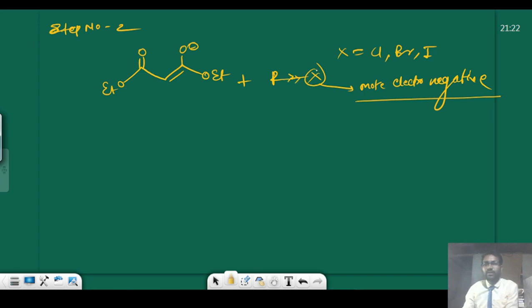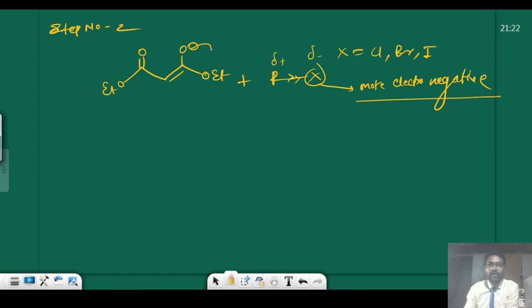When it pulls electrons, there is a formation of delta minus charge on the halide, and it slightly creates electrophilicity on this particular carbon of the alkyl system.